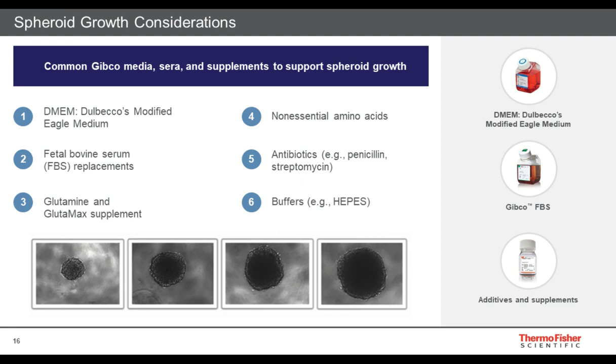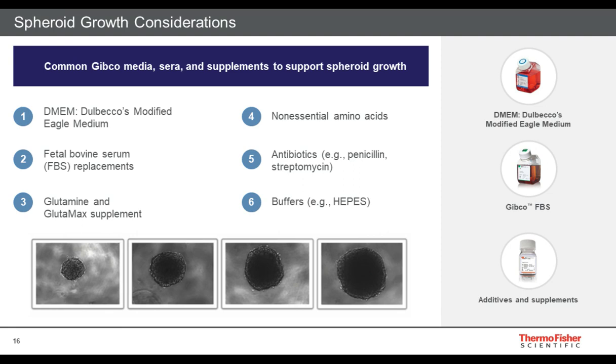So, in keeping with some considerations for spheroid growth, if you're interested in making spheroids from cell lines or various types of primary cells, typically you don't need any special media. Use what you've already been using, usually some cocktail of DMEM or DMEM-F12 with some fetal bovine serum, reagents that reduce contamination, such as Pen-Strep additives or anti-anti or Primocin, and supplements like Glutamax, things that the cells like.